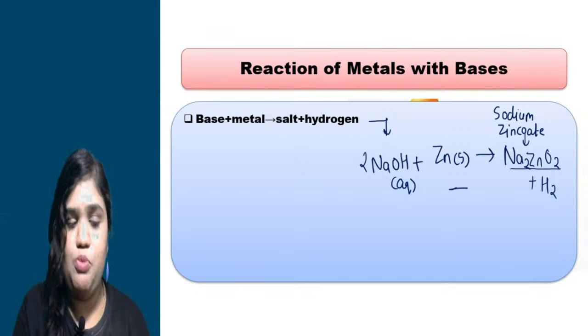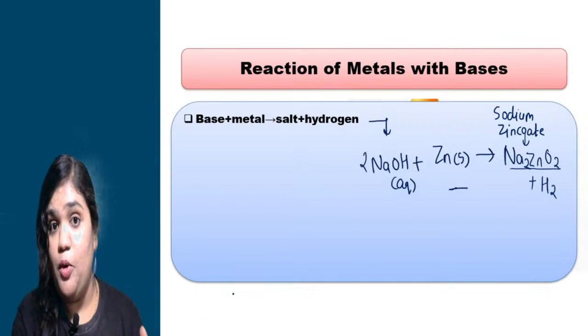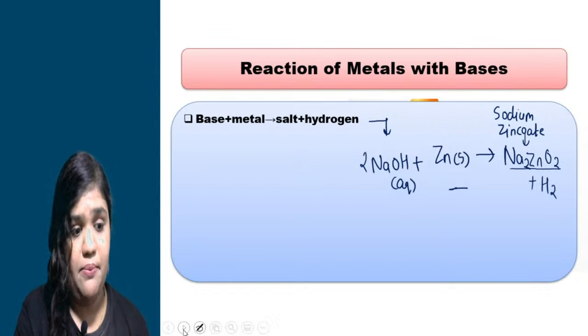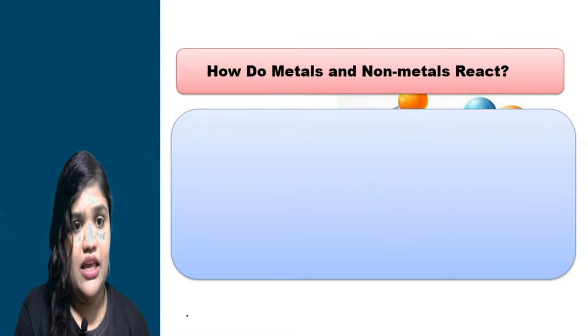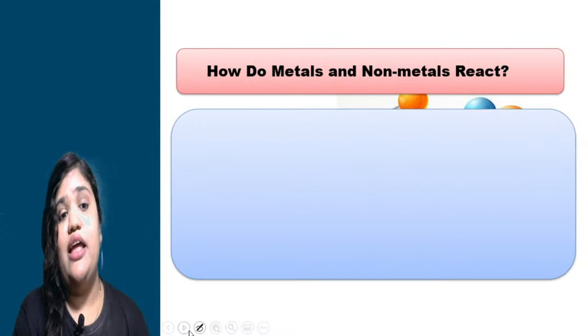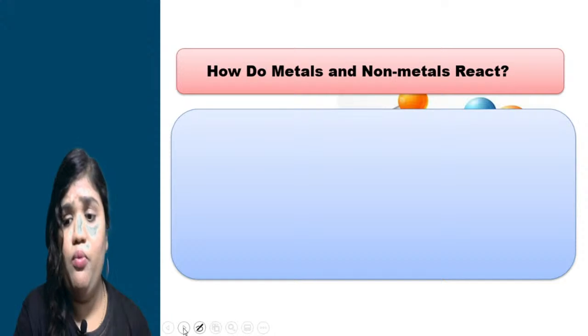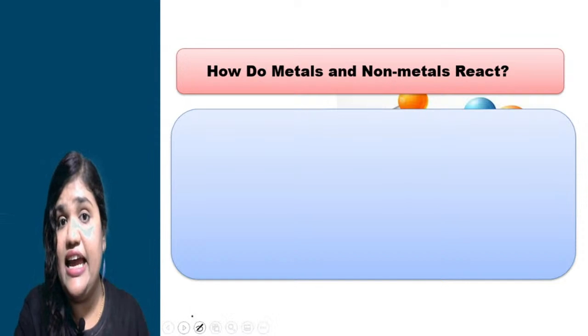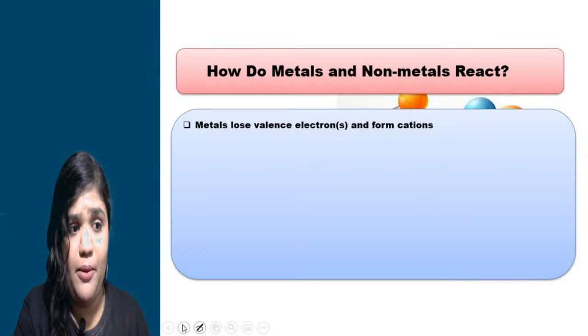Moving on to the next point, one of the important points, and this question will definitely be asked in your exam. How do metals and non-metals react? Can metals react with non-metals? Yes, definitely metals can react with non-metals. See what will happen over there.